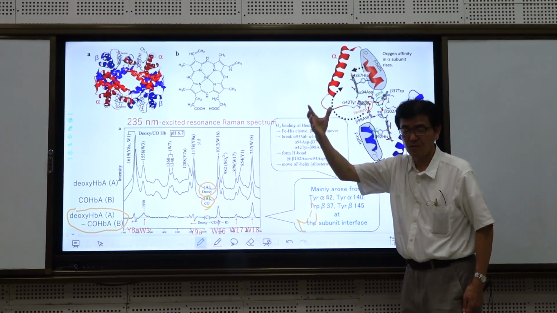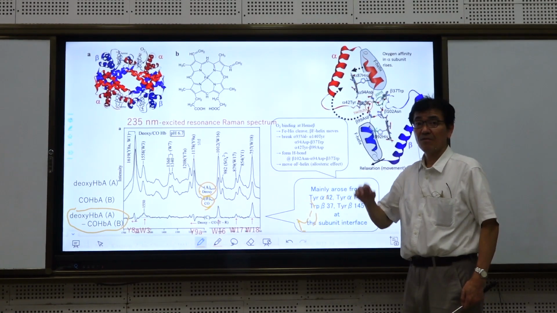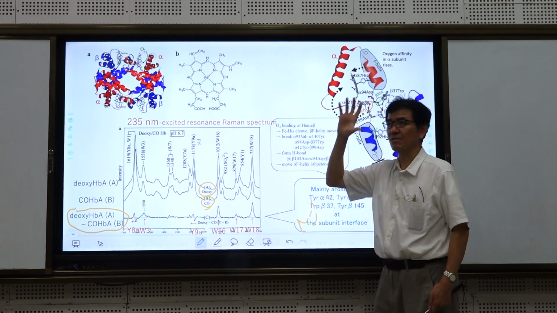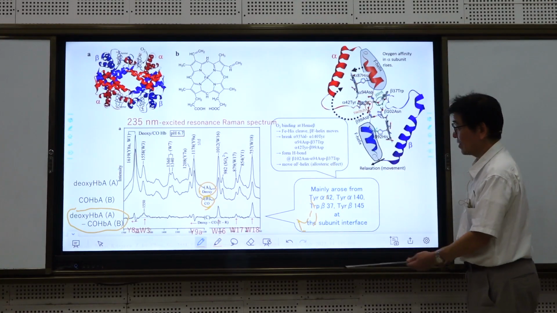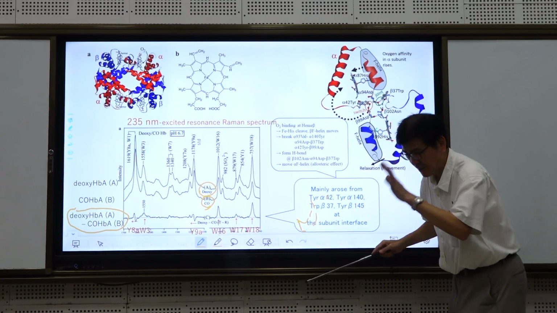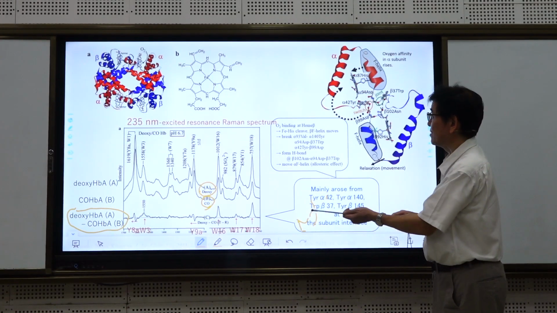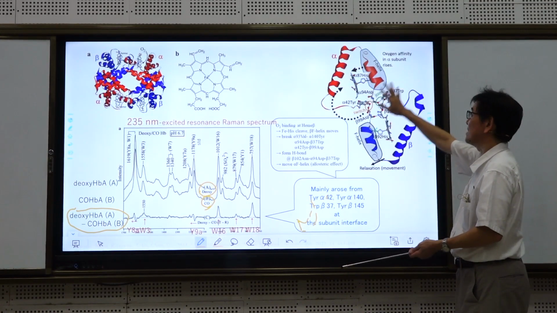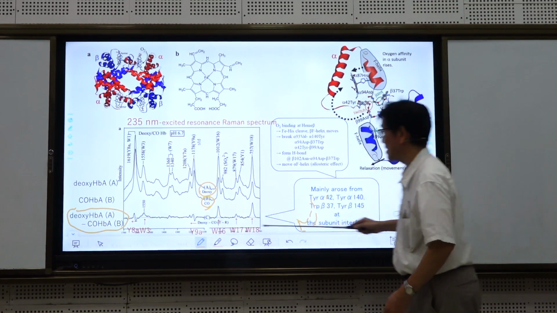If removing one tryptophan makes some peak disappear, then we can assign this peak to a particular tryptophan residue. By repeating that kind of experiment, they could identify which residue is related to this spectral change.